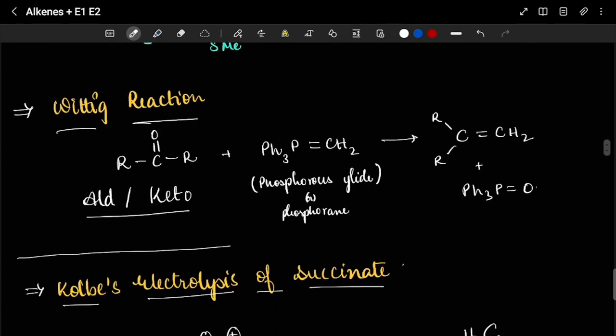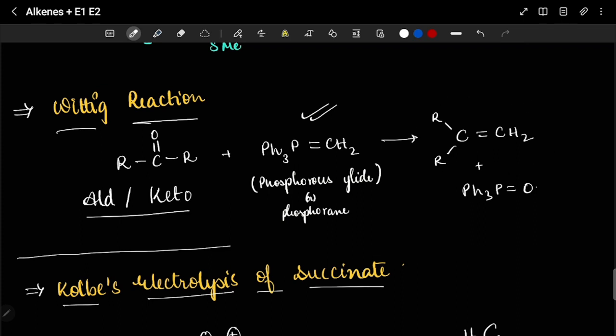You can see. Now we have the Wittig reaction. So what is the Wittig reaction? In the Wittig reaction, an aldehyde or ketone reacts with this compound, which is called phosphorane. Ph3P, where Ph means phenyl and P means phosphorus, so triphenyl phosphorus. It reacts with this compound, and then it forms an alkene like this.